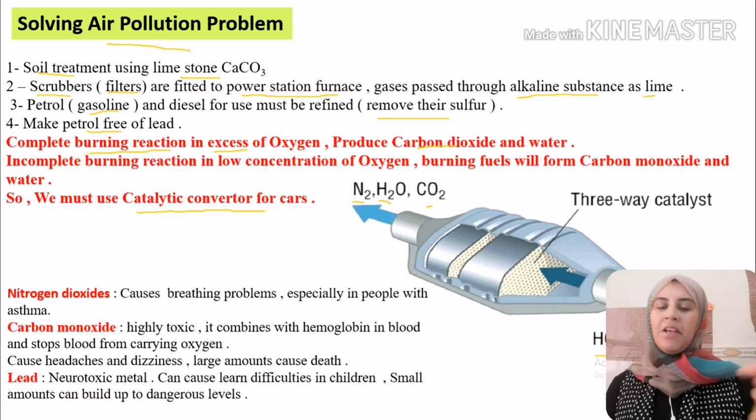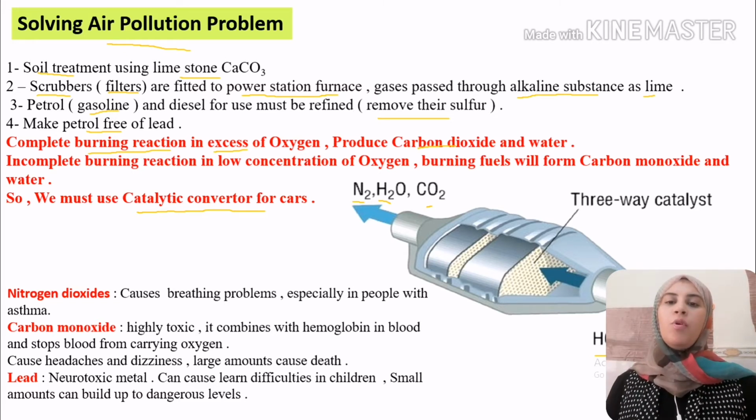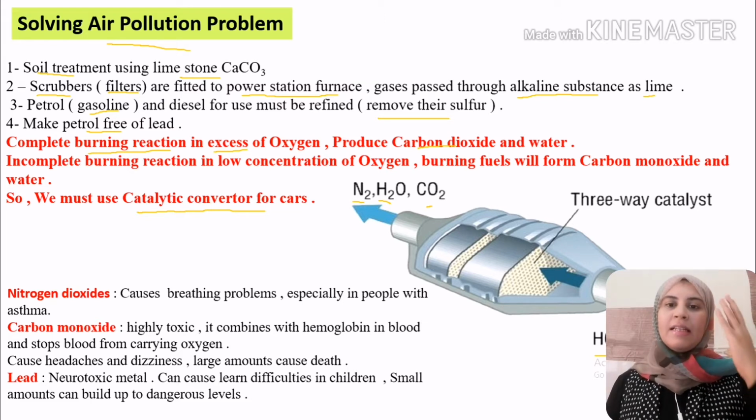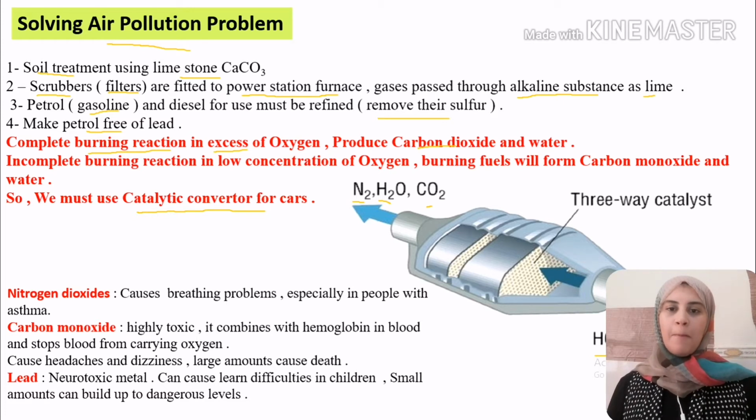Carbon monoxide, take care of carbon monoxide. It is a highly toxic gas, and its level in the blood can cause death. At first, it will cause headache and dizziness, and in high levels, it can be a killer gas.